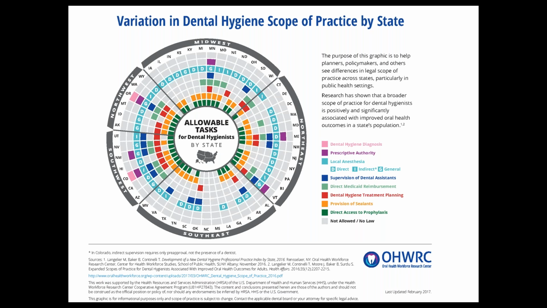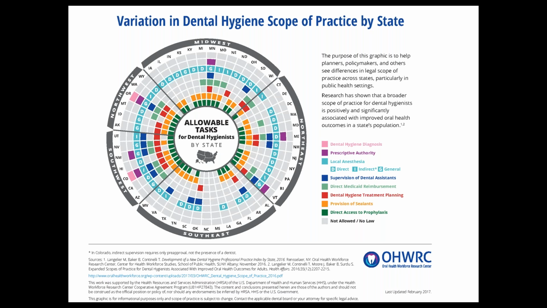Actually, what I want to do is point out that just because a state allows dental hygienists to do certain things, it doesn't mean everyone does it. So my suspicion is that as we look at dental hygiene scope of practice, we're looking at what a state will allow.